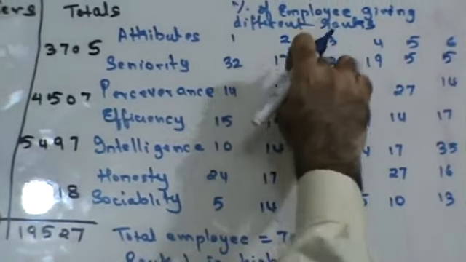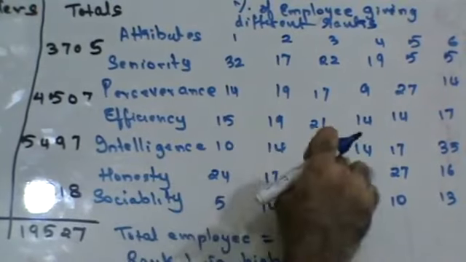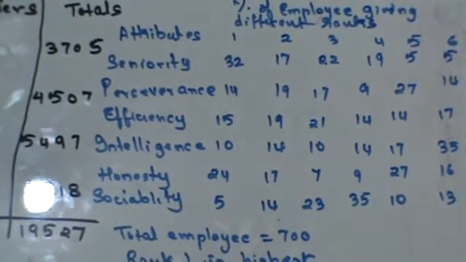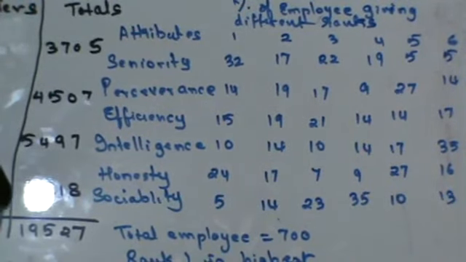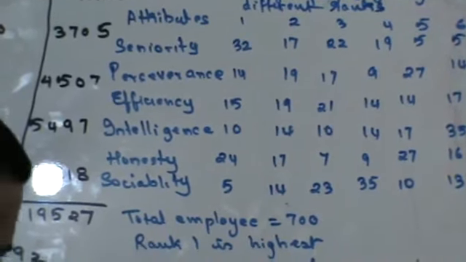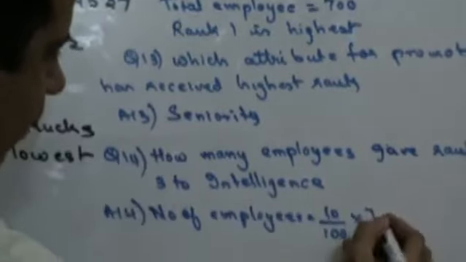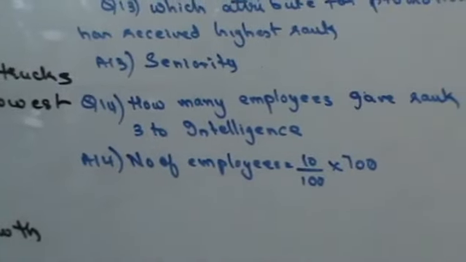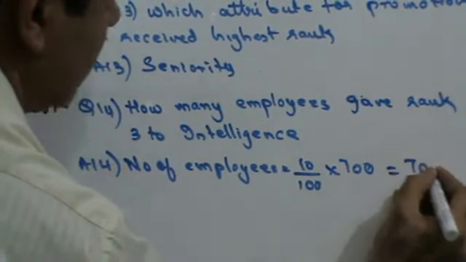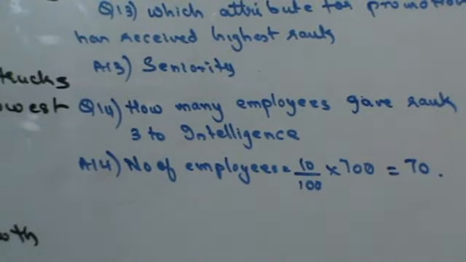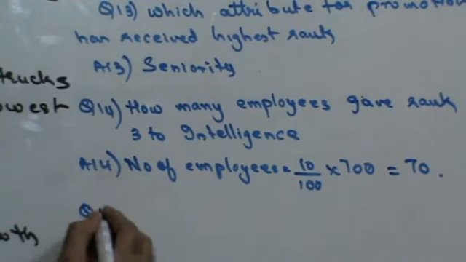Therefore, 10% of the employees. The total number of employees they have given me is 700. So, how many employees have given rank 3 to intelligence? 70 employees. There are 70 employees who have given rank 3 to intelligence. Next.